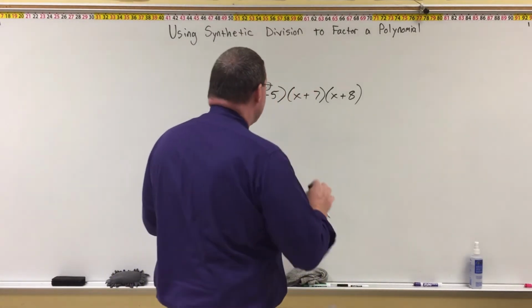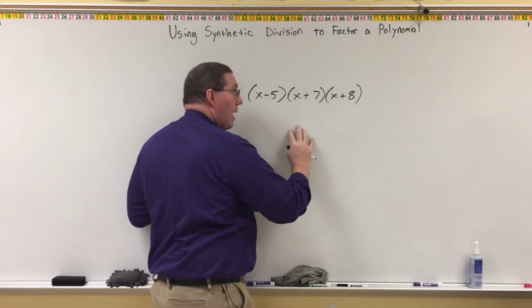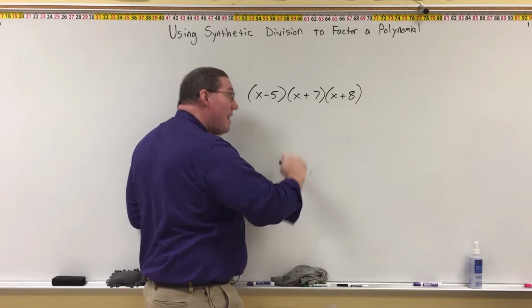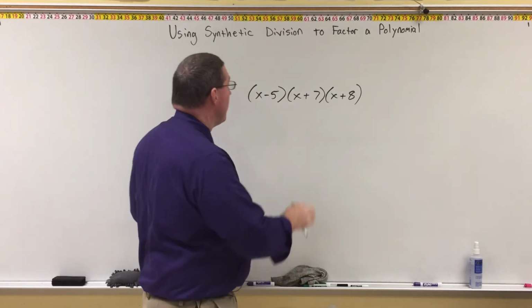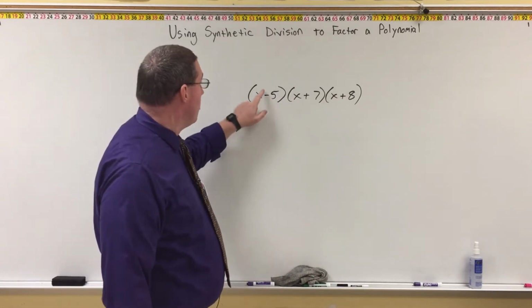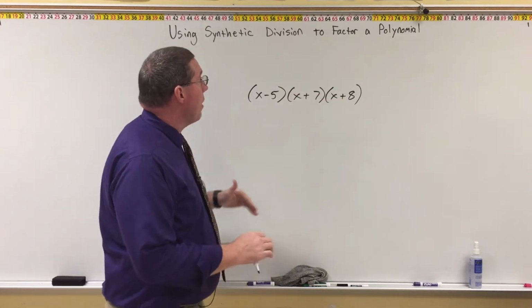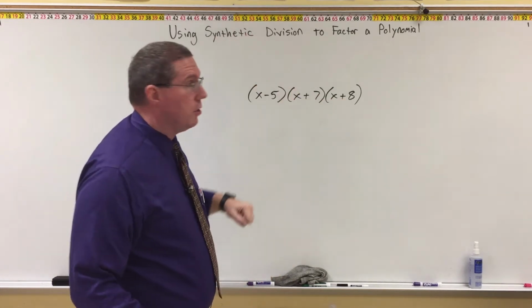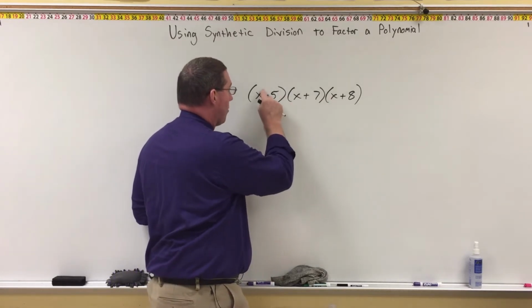But I can tell you that if we did multiply these out, it would make a polynomial that is factorable, and the way that it's factorable is down into 3 binomials to the first power. They won't always be to the first power, but usually we're going to be factoring down into the first power.